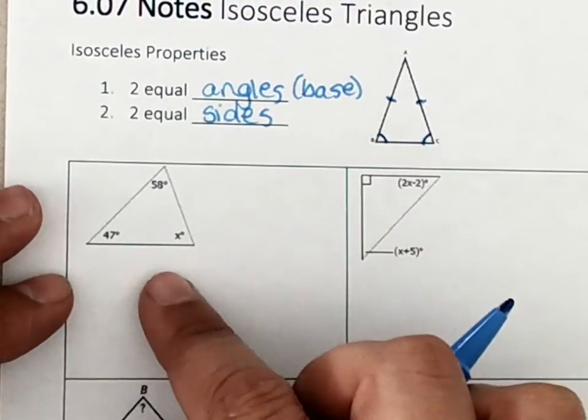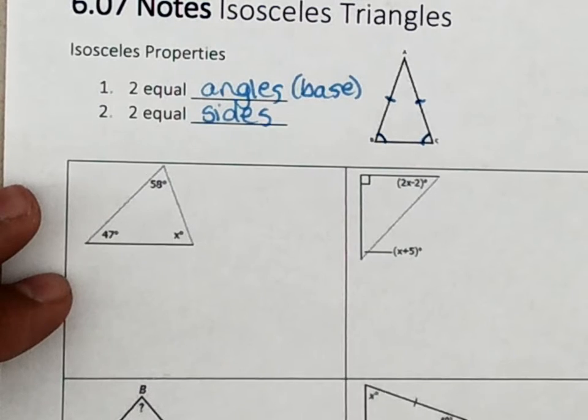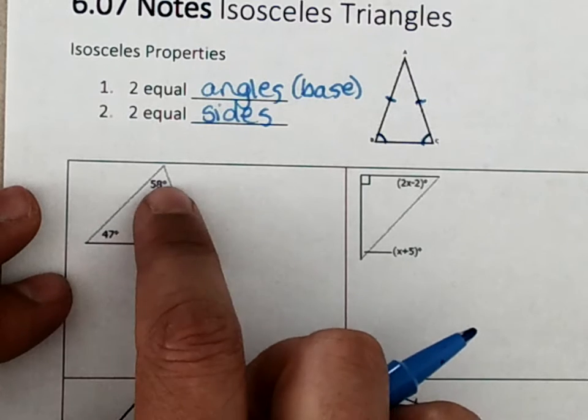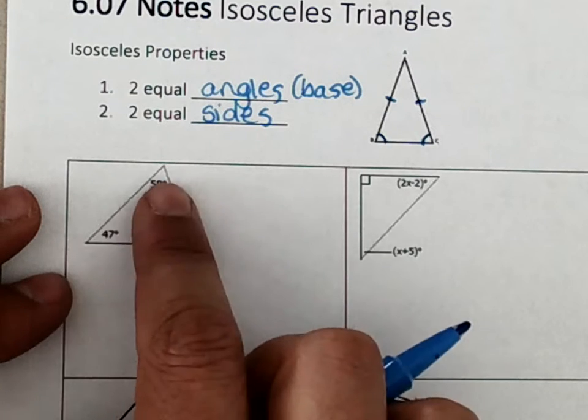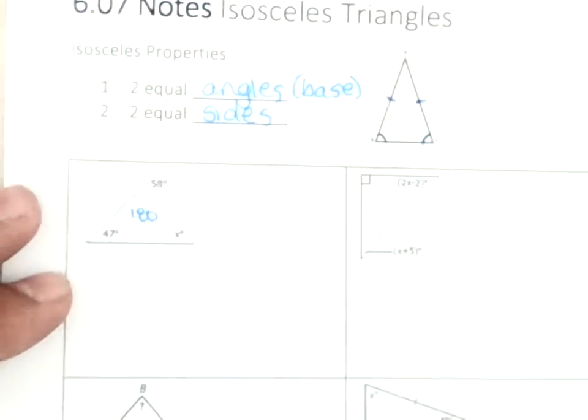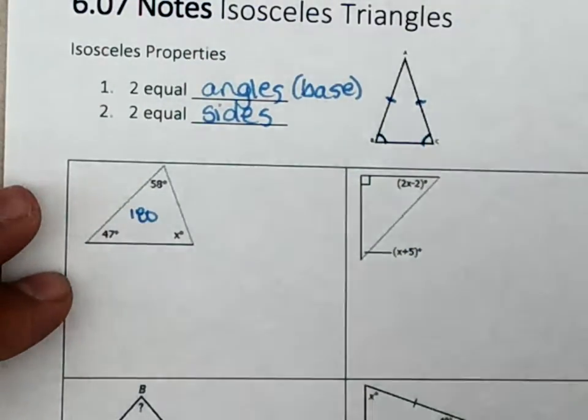But first we're just going to focus on a regular triangle. If I wanted to figure out the third degree of this triangle, I would have to add the two other degrees and subtract them from 180, because I know that in total a triangle always has 180 degrees.